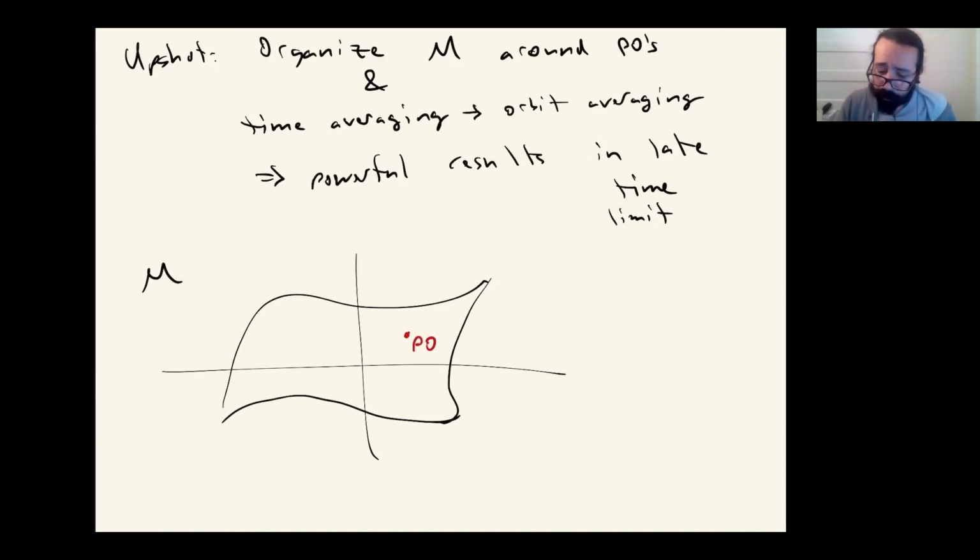Well, one thing we know is that by understanding what time evolution looks like linearized near this periodic orbit, that'll give us a natural size for a neighborhood that we can then associate to each periodic orbit.